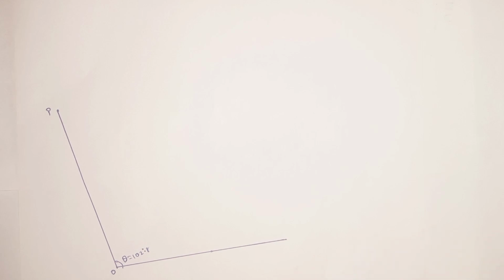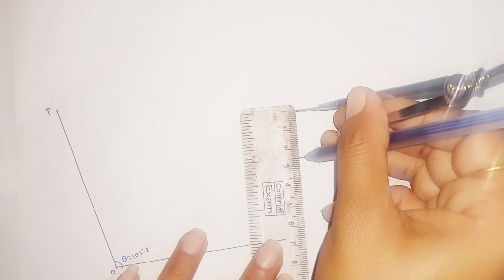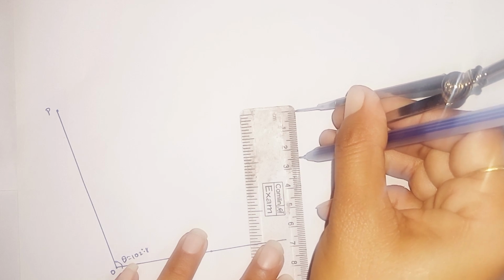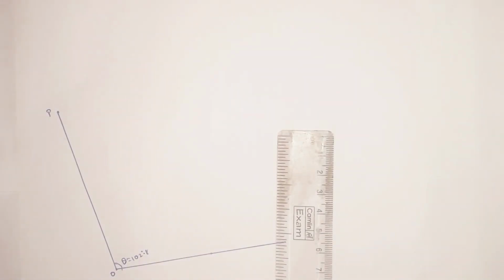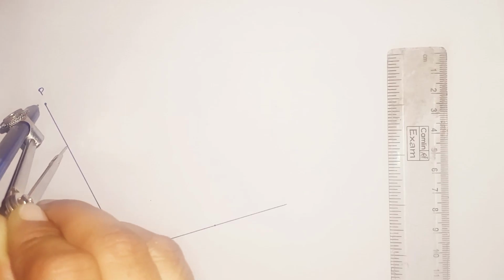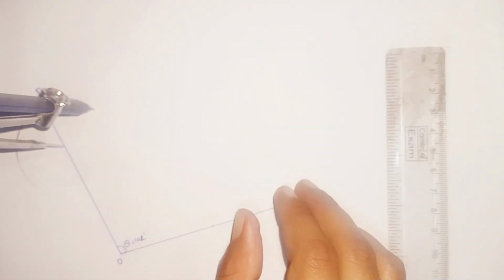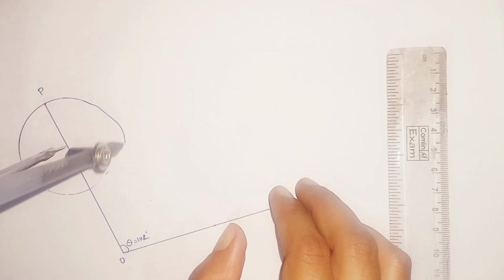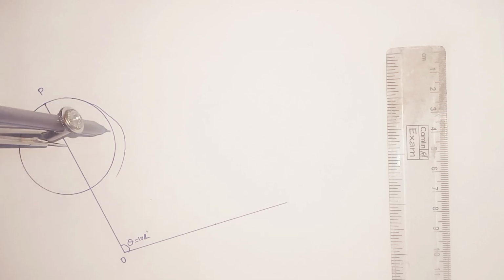Take a compass with the radius r equal to 25 mm, that is, 2.5 centimeters. With this radius, draw a circle inside the directing circle of the hypocycloid. Inside the circle, take a radius of r equal to 25 mm.